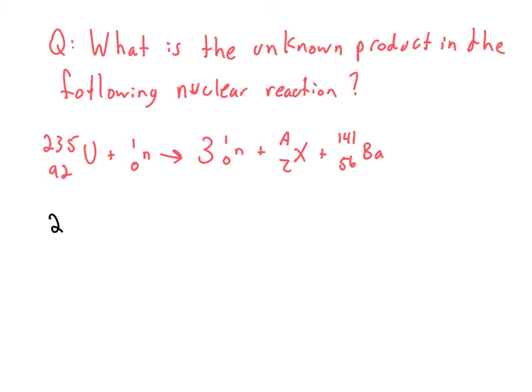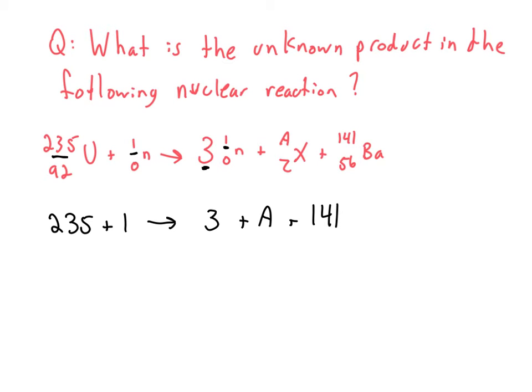So in this case, for uranium 235, that mass number, well, there is a plus there as well. So 235 plus 1, those are these two numbers, 235 and 1, is going to decay into 3 neutrons. So remember, here's your 3, and each one of those has a mass of 1. So there's your 3 plus A plus 141.